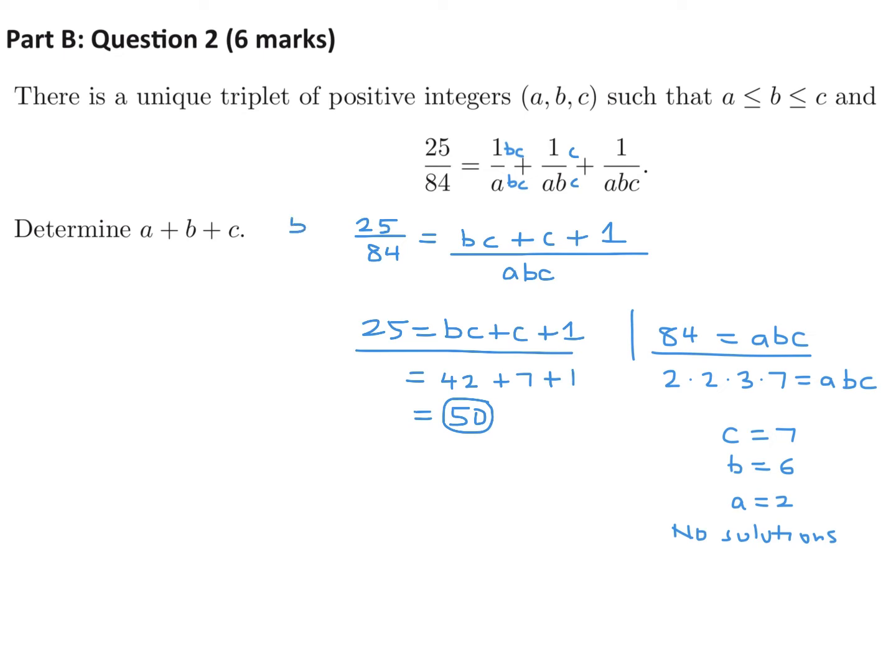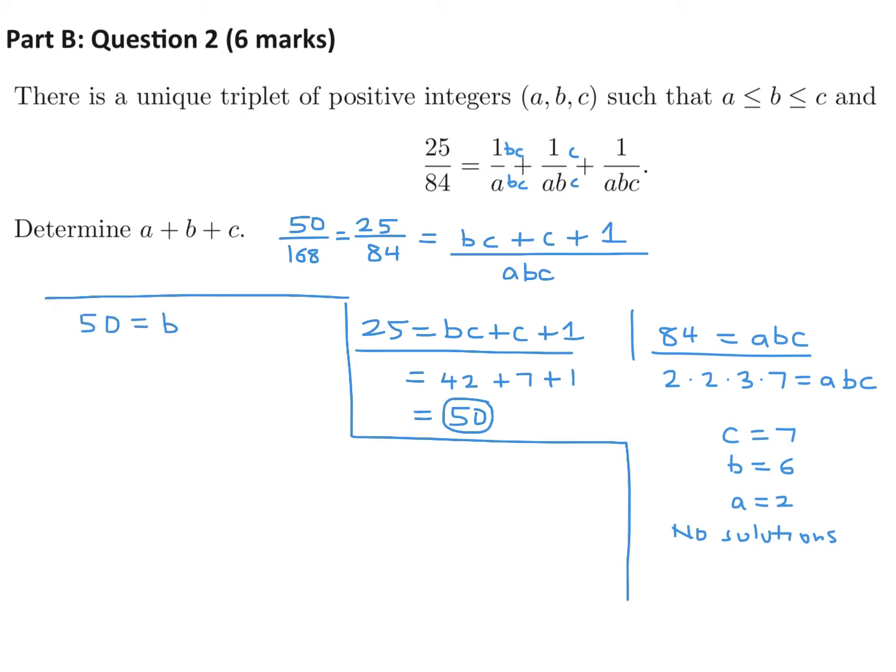I can work with 50 over twice the 84, which is 168, because that is the equivalent. So let's work with that. I think that will be much more helpful. So now that means I'm making 50 equal to BC plus C plus 1, correct? And let's see, what else do we have here?